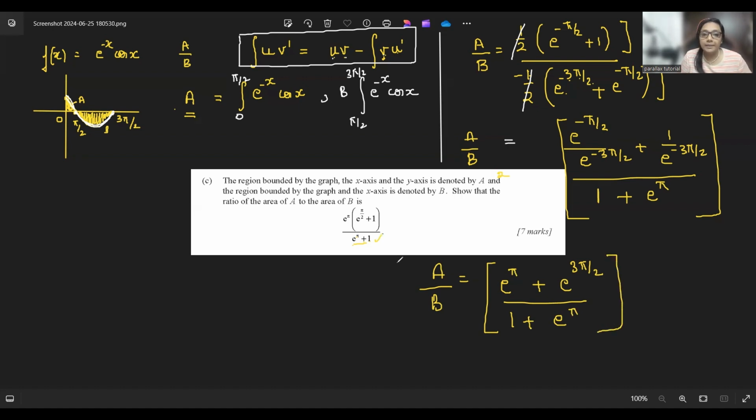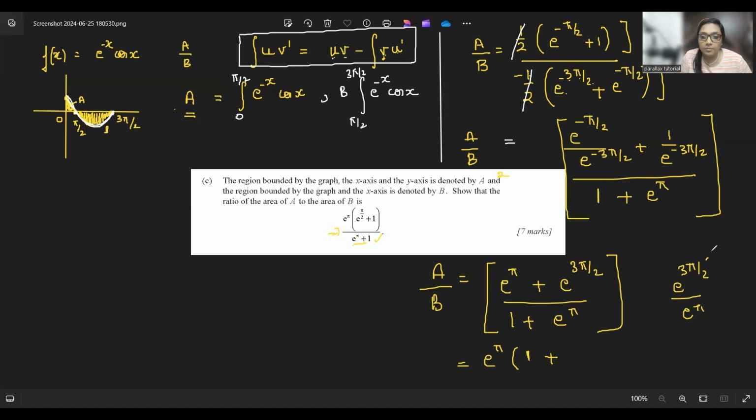Now we need our numerator. Numerator is what? E to the power pi has to be outside. So we remove the e to the power pi. The reason I'm doing this is because this is what we have to prove. So e to the power pi comes out. What am I left with? 1 plus. So when e to the power pi goes out, this gets divided by e to the power pi, which means this is what happens to it, right?